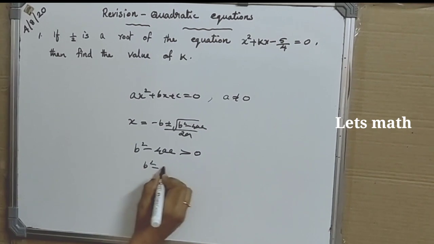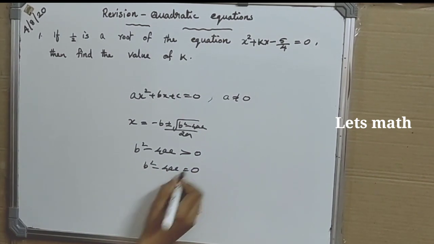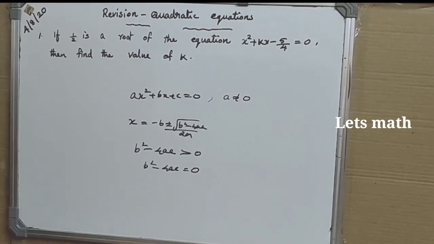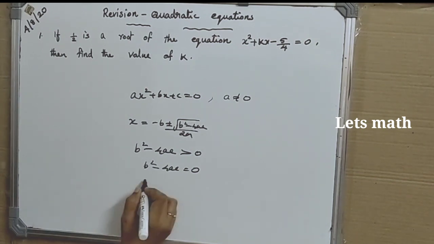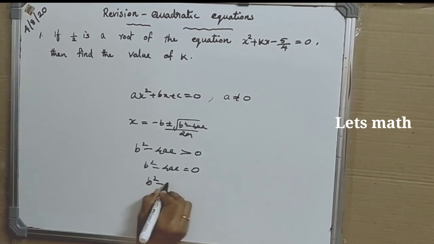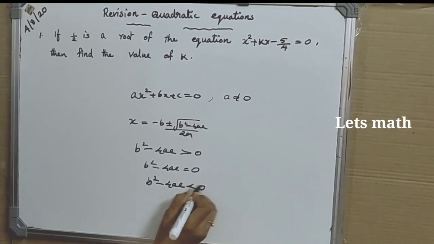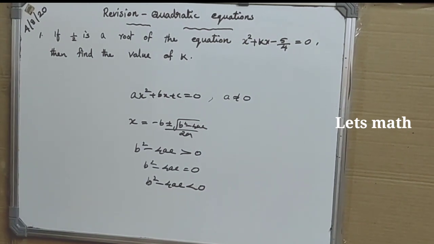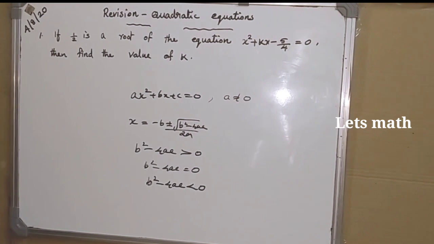If b square minus 4ac equal to 0, the equation has equal roots. And if b square minus 4ac is less than 0, that is, negative, there is no real solution. These are the three conditions you have learnt.